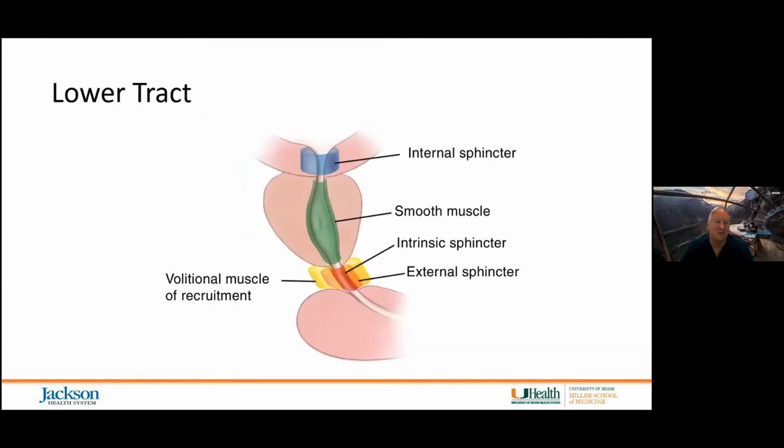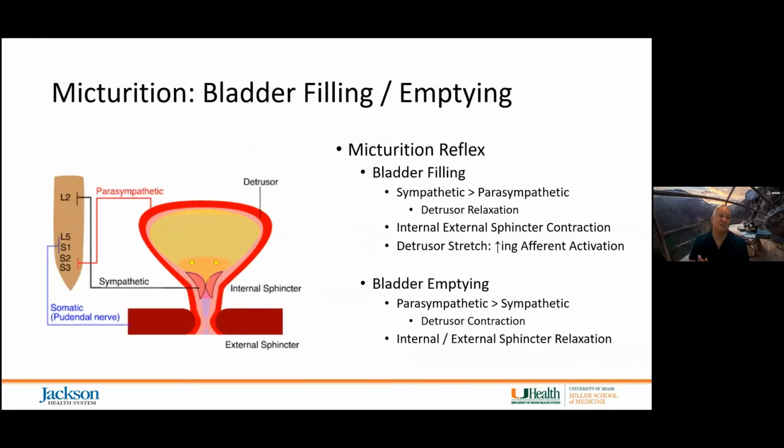Recognize that as we get down to the lower tract and we worry about increased reflex excitability, particularly with regards to the external sphincters, we're going to be talking through the external sphincter and pelvic floor musculature as well, because that increased reflex activity does have significant issues with regard to bladder outlet obstruction, or BOO, as we'll talk about a little bit more. So micturition is the process of emptying the bladder.